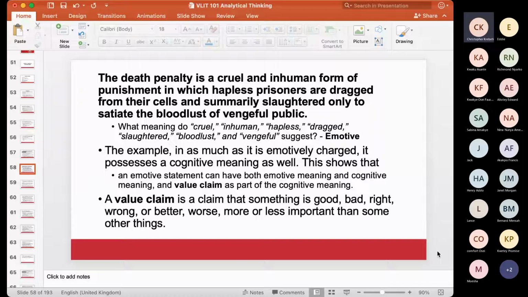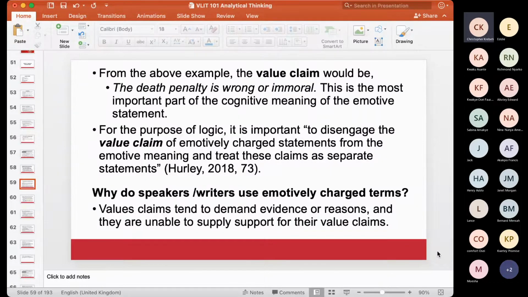So in the long run, the person just wants to tell you, oh, you are wonderful, oh, you are good, I think you are the right person I want. But the questions that will come, the evidence that will be asked, are problematic. So, as I have told you, we now know the value claim in the particular statement that has been made.